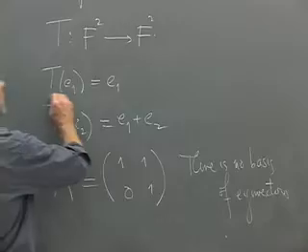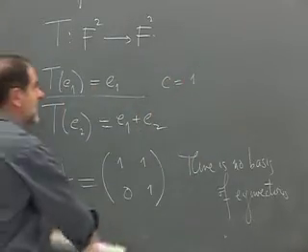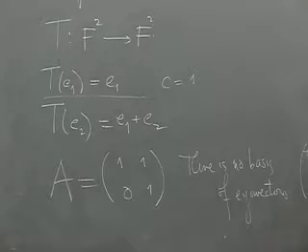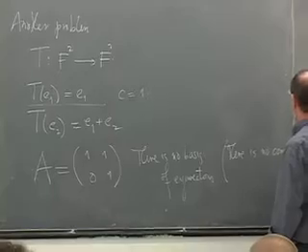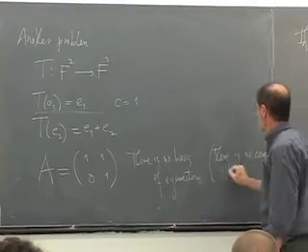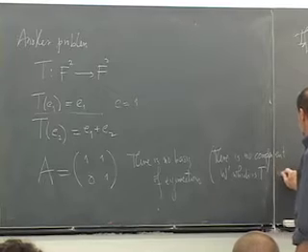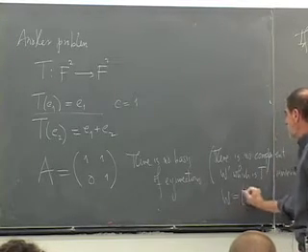Here there's an eigenvector where c is equal to 1, but there's no basis of eigenvectors. You can't find another one. Here we have an invariant subspace without an invariant complement. Or in other words, there is no complement W prime which is T invariant, where W is the subspace Fe1.